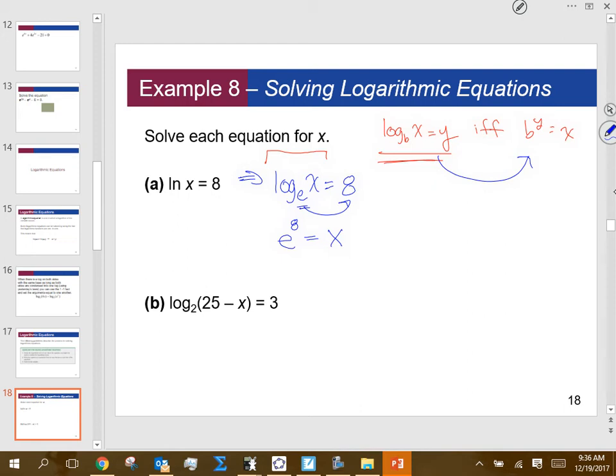If I look at plugging this answer back in, I have log base e, and it said x here, right? Well, plug in your answer, e to the 8th. Should that be 8? Yeah. Does e raised to that number come back and give me that number right there? All right. You can also do it this way. You can take your calculator.